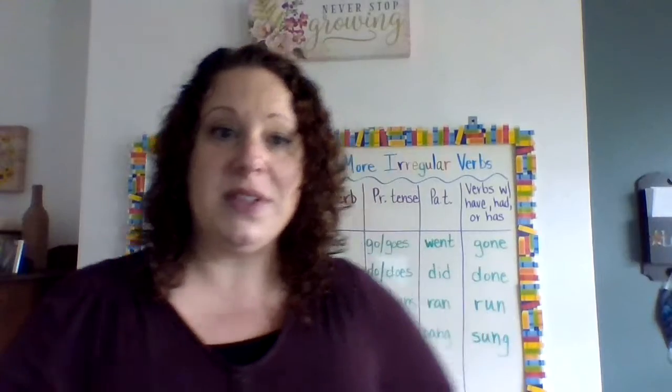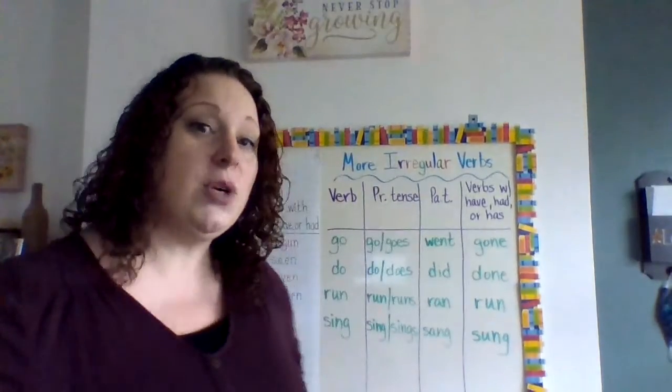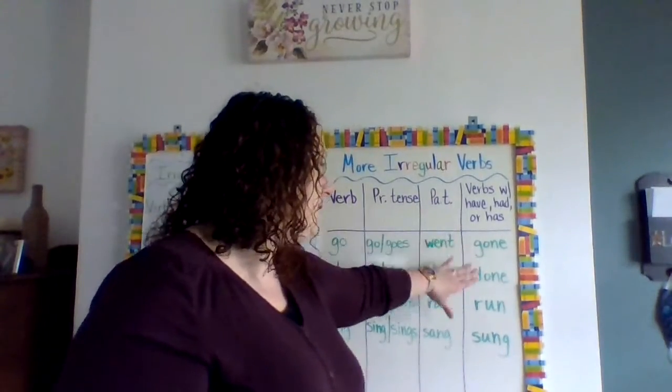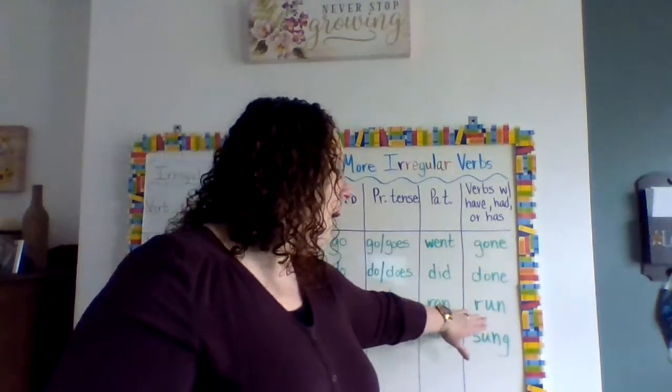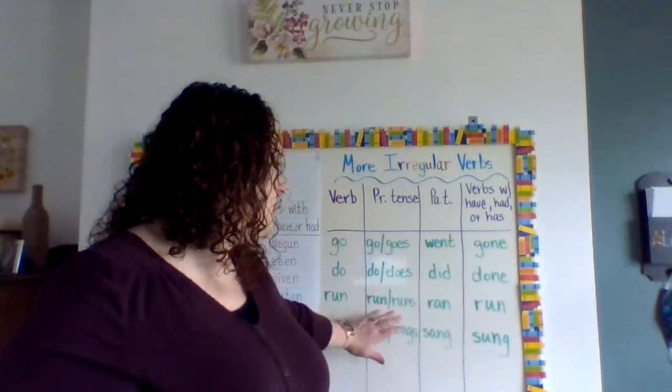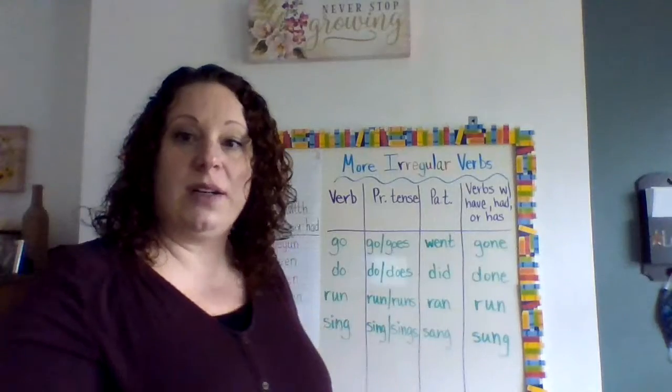The player runned swiftly around the bases or ran swiftly around the bases. Obviously, ran is your answer. It just makes more sense. You do not have a helping verb, so we know it would not be this one. And it doesn't give you any other option that works, so that's the correct answer.